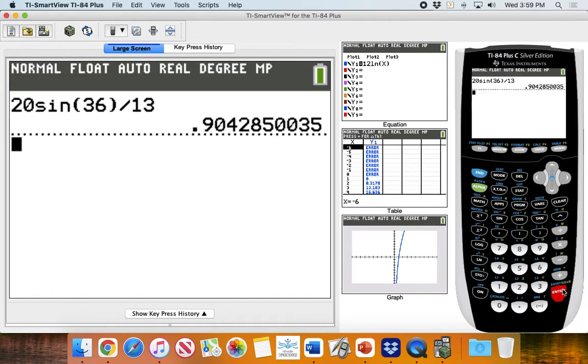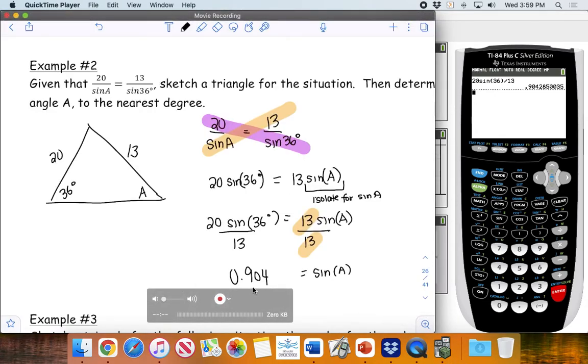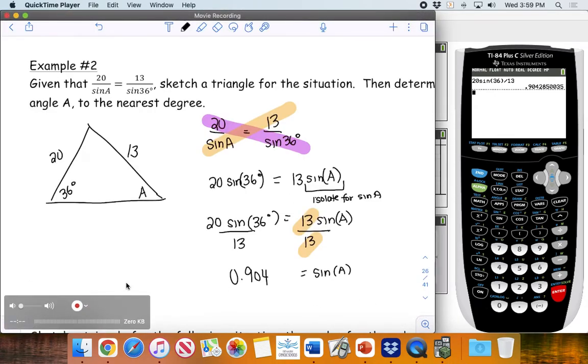That's going to give you what sine of A is. That's going to be 0.904. I like to keep at least 3 decimal places when it comes to these answers. Whenever you're looking at a ratio, this is what the ratio is, 0.904. So that's what I get for sine of A.